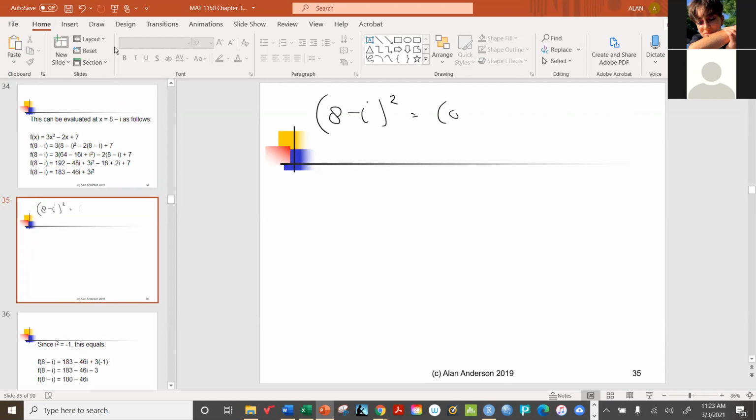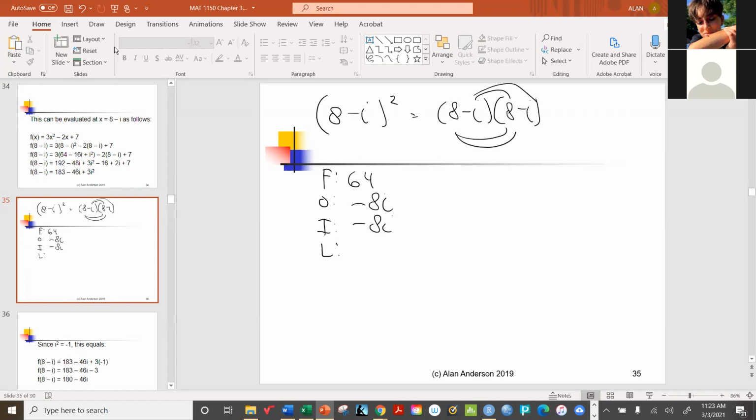So we can write that out as 8 minus i, 8 minus i. And if you apply that to FOIL, F is 64, O is minus 8i. The inner is also minus 8i. And then at the end here, we have minus i squared.